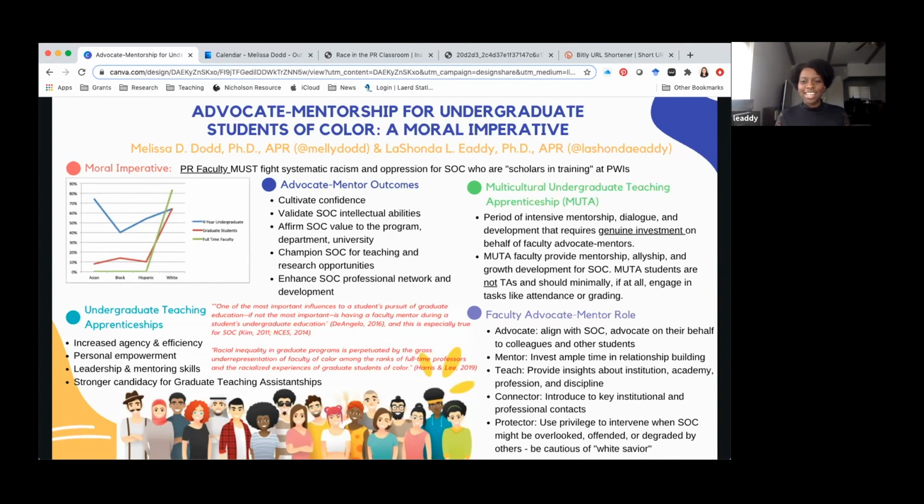And then protector. And when I look at this, at first, I think it might seem kind of scary or like a really big responsibility. And it is, because in some facets, you will be protecting your students who are in the minority at your institution. But it is also important that the faculty advocate mentor is careful not to try to become a white savior, because that also, of course, has negative ramifications.